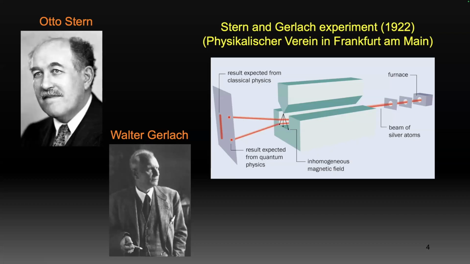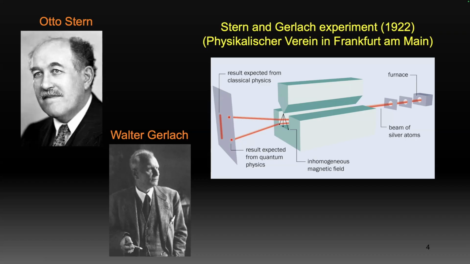The idea was not there. In the classical picture, they would expect a uniform distribution of different angular momenta of the electron orbital moment, but they ended up seeing two points, which was maybe one of the first demonstrations of the quantum mechanical effect of discretization.